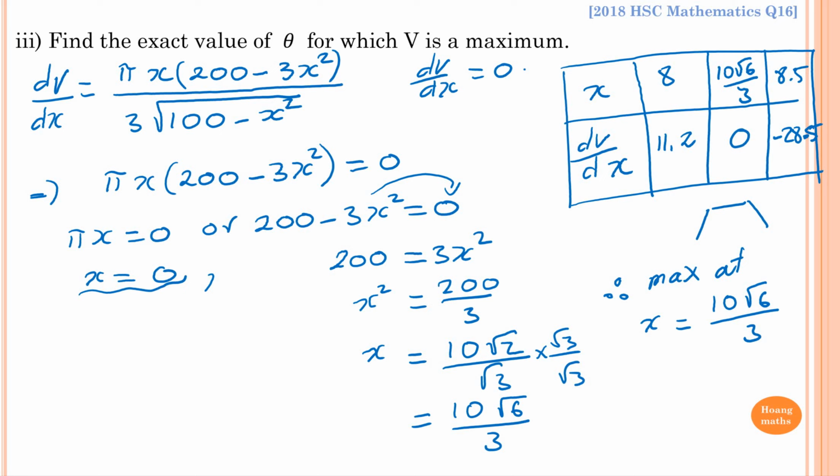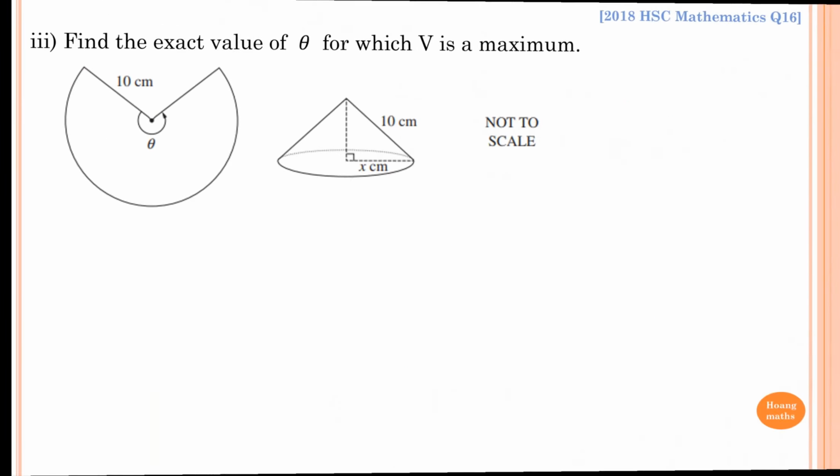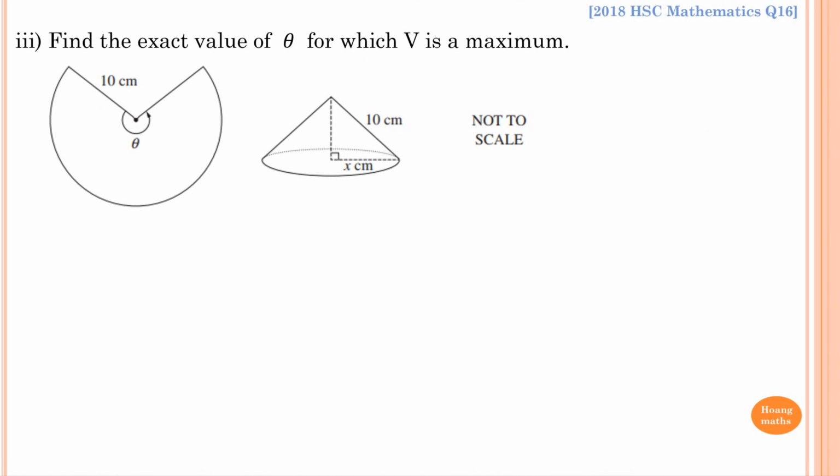Now to find the exact value of theta which gives me maximum volume, from the diagram here, we know that the arc length equals r theta. So the radius is 10, and this arc length here is the circumference of this circle here.